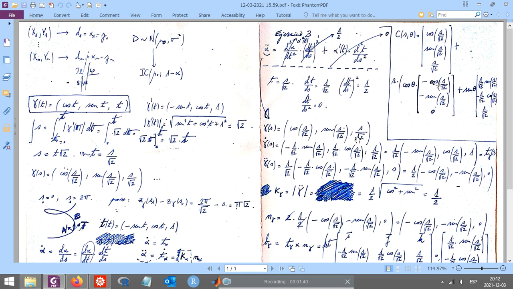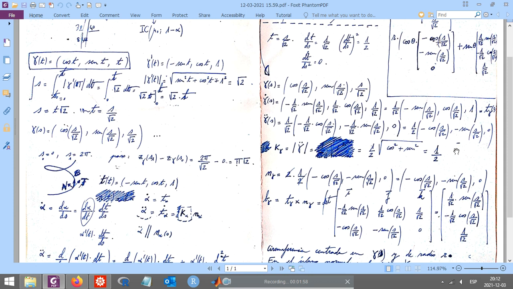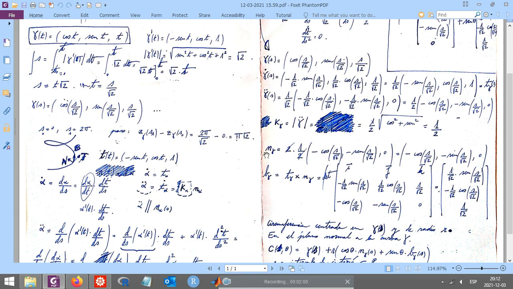I have this expression for the helix, gamma, as a function of s, and then I calculate the tangent vector, which is this expression, and I also calculate the normal and the binormal. The normal is this one, and the binormal is the cross product between the tangent and the normal.